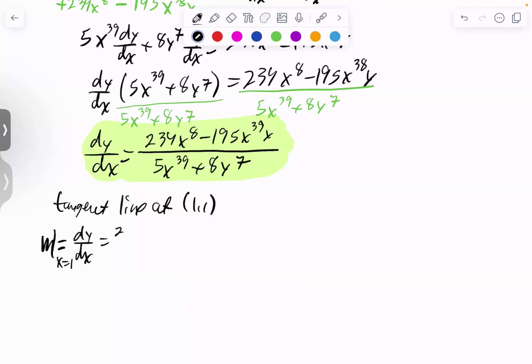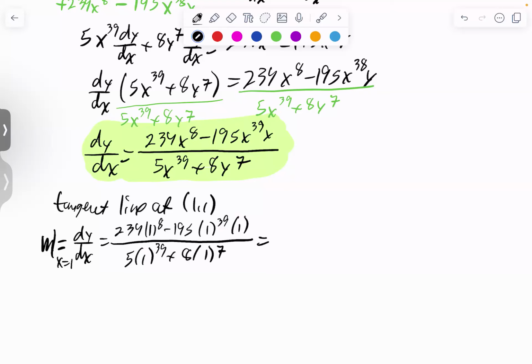This is going to be 234 times 1 to the 8th, minus 195 times 1 to the 39th, times 1, over 5 times 1 to the 39th, plus 8 times 1 to the 7th. It's very nice they had everything ones for us. So this is 234 minus 195 over 5 plus 8.